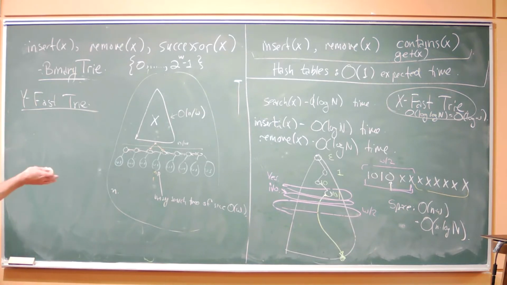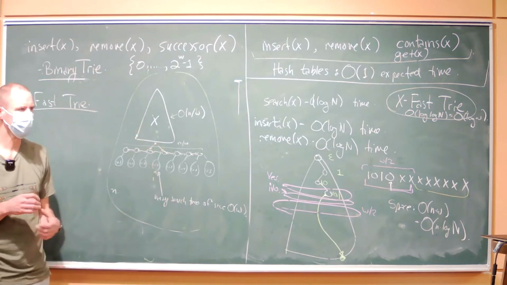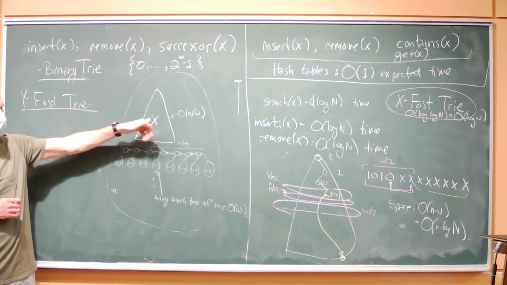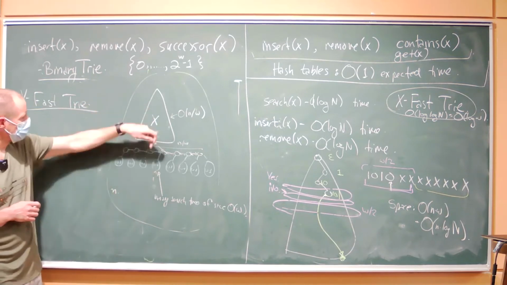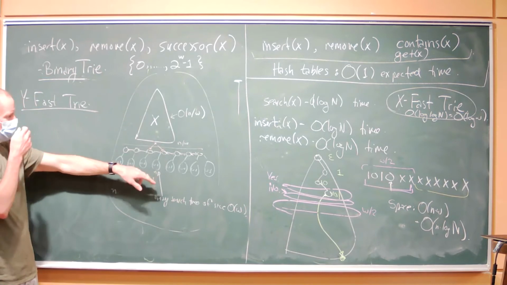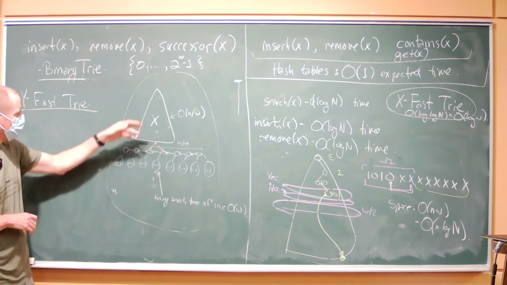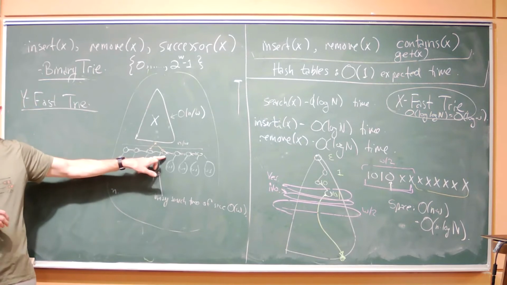Let's say that I've already given you this thing, and now I want to insert something. So I want to insert x into here. So I can search for x, and maybe x is already there or not, but if I'm inserting it, it's probably not there. So that search will just give me the successor of x.